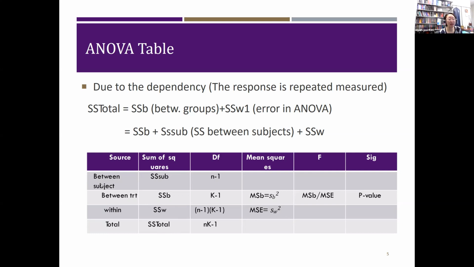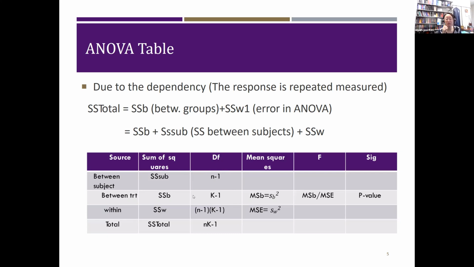Note that N is the number of subjects, and K is the number of groups. The degrees of freedom of between subject is the number of subjects minus 1. The degrees of freedom of between groups is the number of groups minus 1.